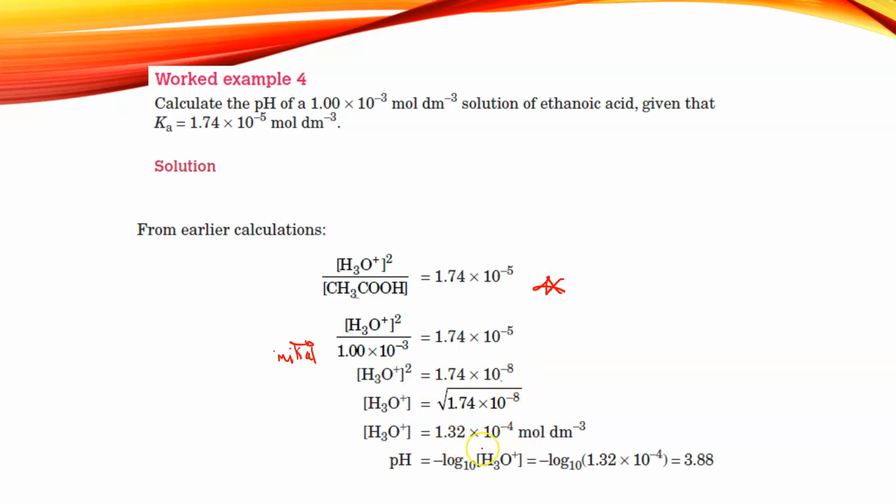This means we'll have 1.32 × 10⁻⁴ moles per decimeter cubed. This value can now be plugged into our pH calculation and work out that the pH of the solution will be 3.88. Let's have a look at a few more calculations to sort of bed that down.